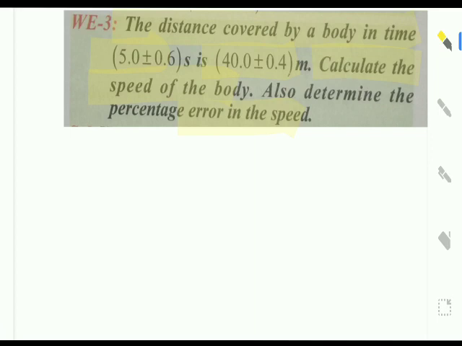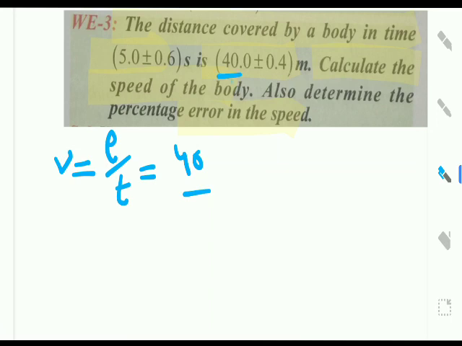So speed V is equal to displacement by time, nothing but L by T. Here 40 meters by 5 seconds, so cancel, 8 meters per second. This is the V value.